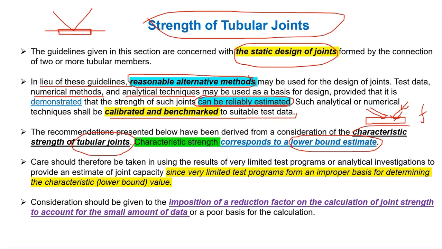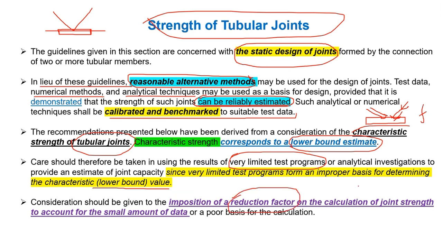Okay. One more thing, care should be taken using results of very limited test programs. This is what they're telling. Like in API RP 2A, the test database has only limited tests. So we need to consider only a lower bound value, not a higher bound value. That's why they give these careful statements, and that's why we need to consider a reduction factor.